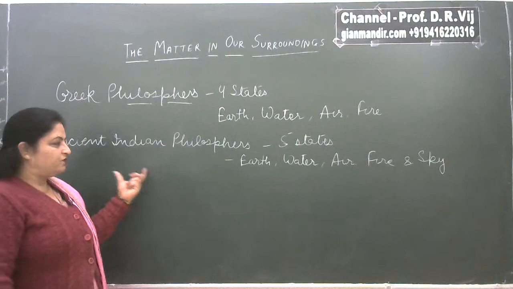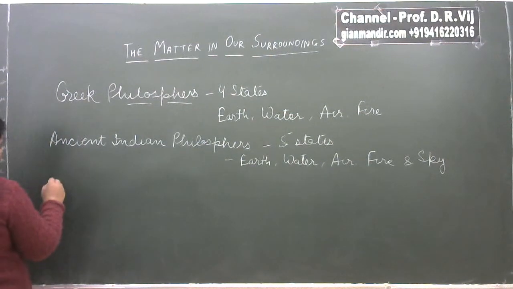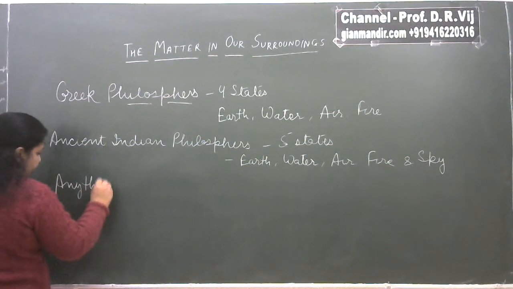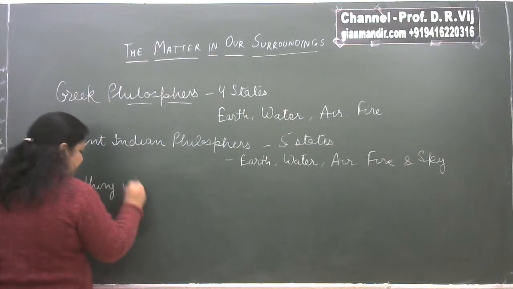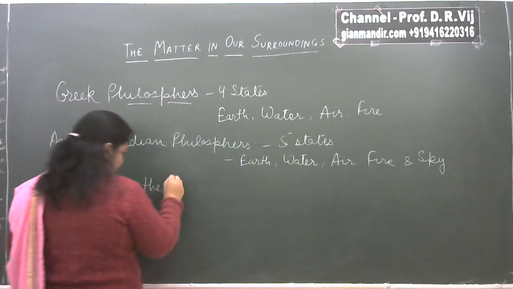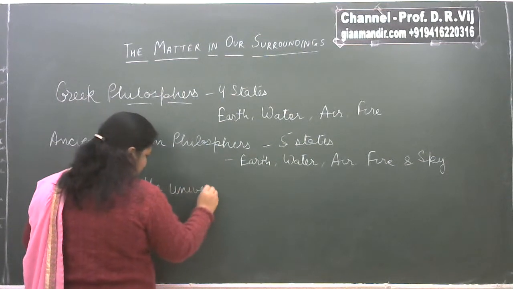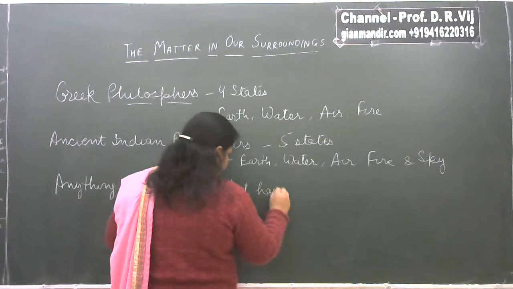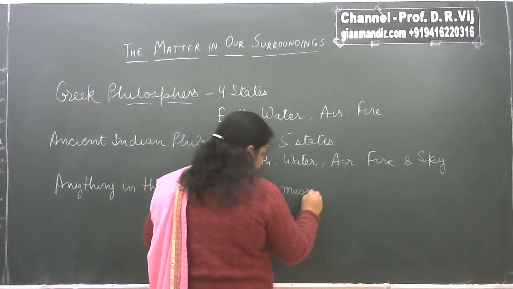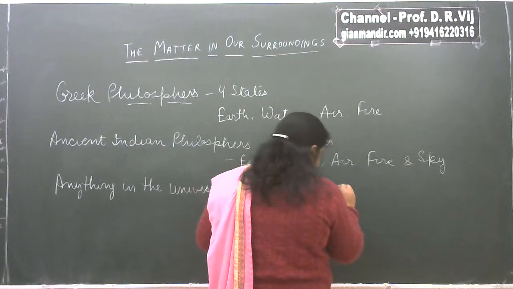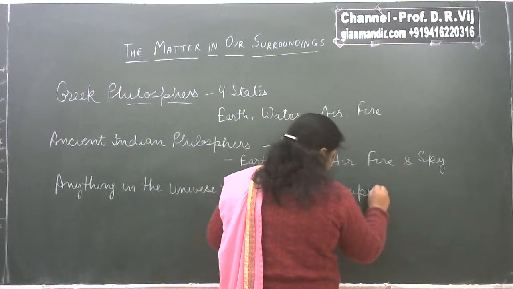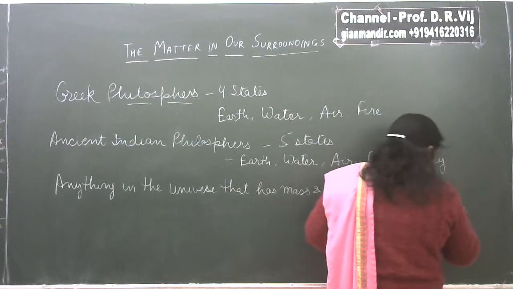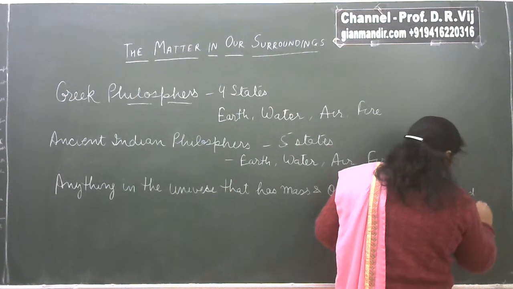So in scientific terms, what is matter? The scientific definition given here is that anything in the universe that has mass and occupies space is called matter.